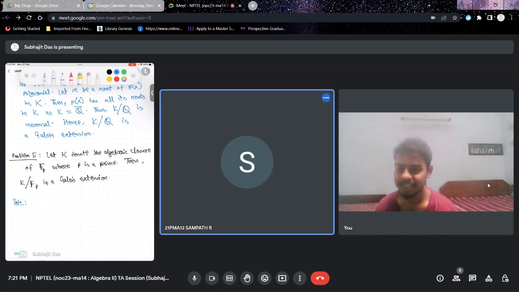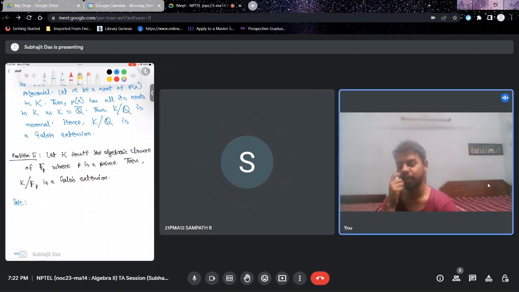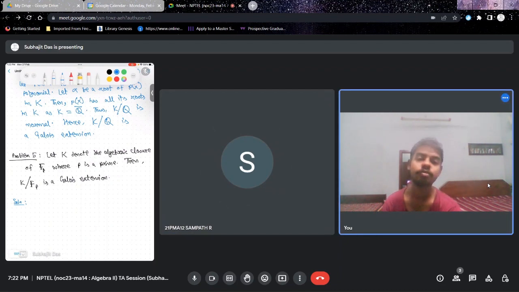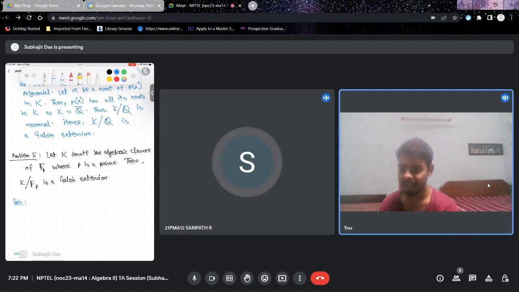By definition, this is algebraic because K over F_p is the algebraic closure. Now, is it separable or not? Yes, it will be separable, precisely because F_p is a finite field, and a finite field has to be perfect, which means that any algebraic extension of it has to be a separable extension.